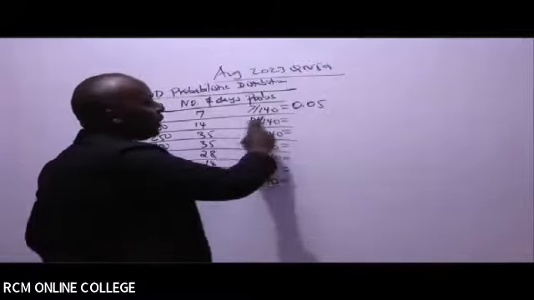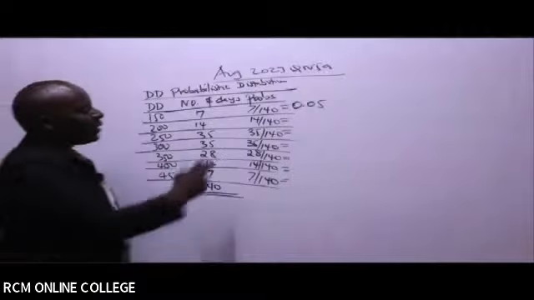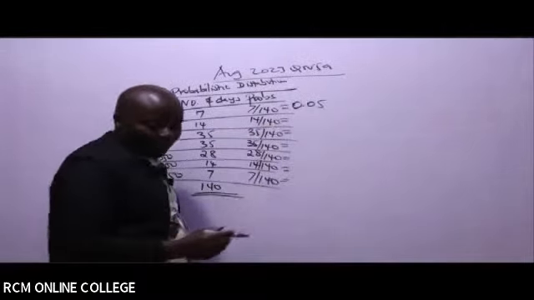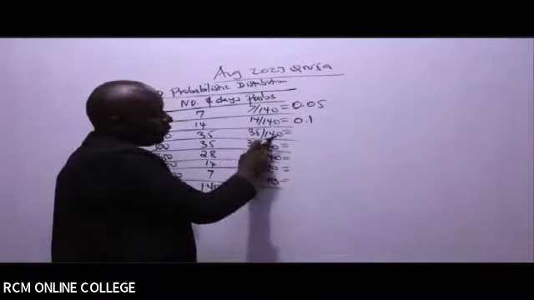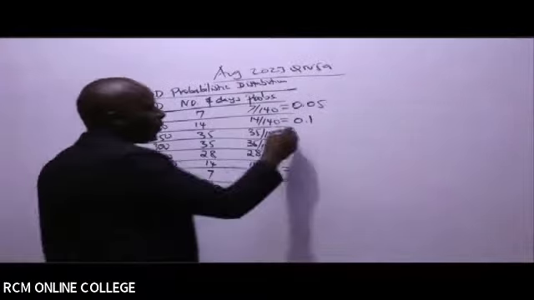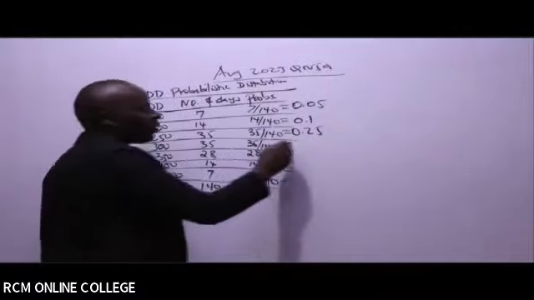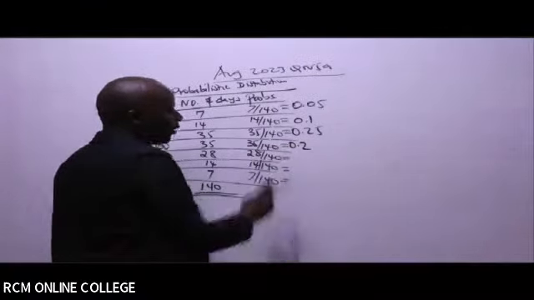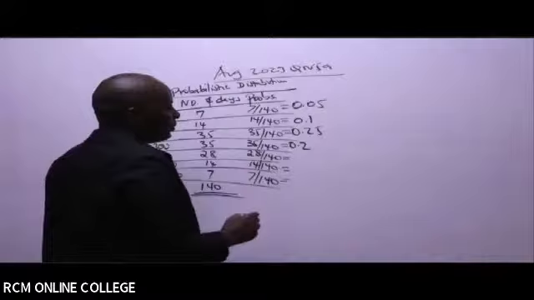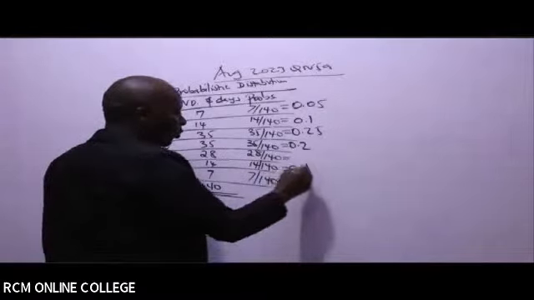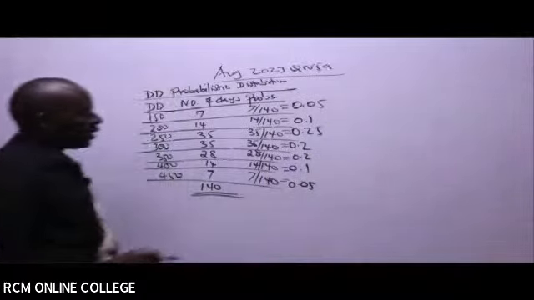So can you kindly divide this for me. 14 over 140 will give me what figure? 0.1. Then 35 over 140 will give me 0.25. Then we have 35 over 140, 0.25, and 28 over 140 gives 0.2. And 7 over 140 is 0.05.